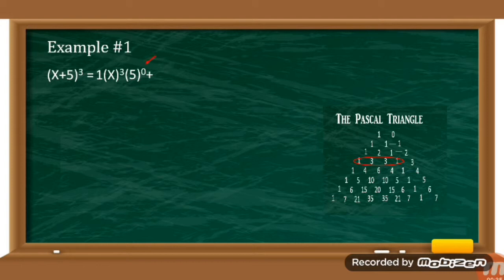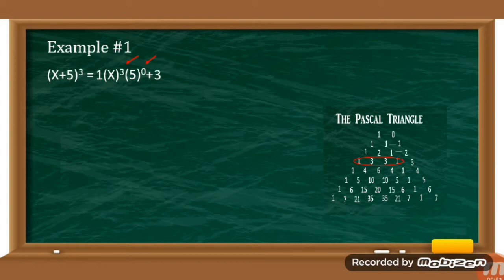So, ang exponent na to, habang nag-expand, nag-increase yung value niya. Habang yung exponent naman na to, nagdi-decrease yung value niya habang nag-expand. Tapos, dapat yung dalawang exponent na to, equals lagi sila sa 3.